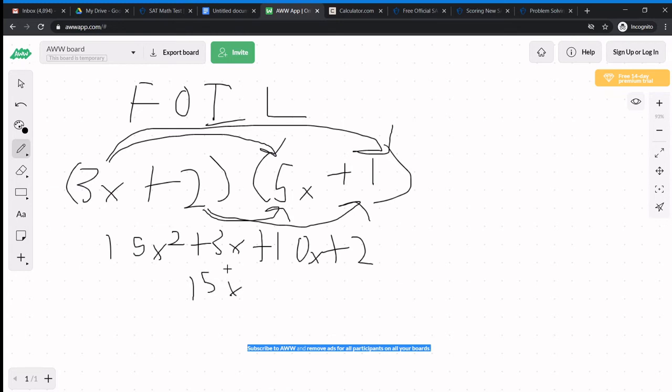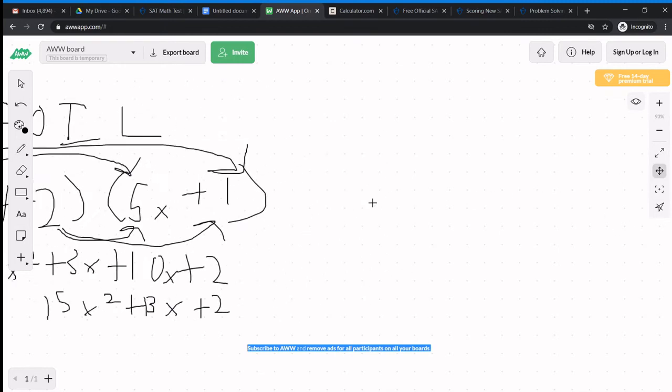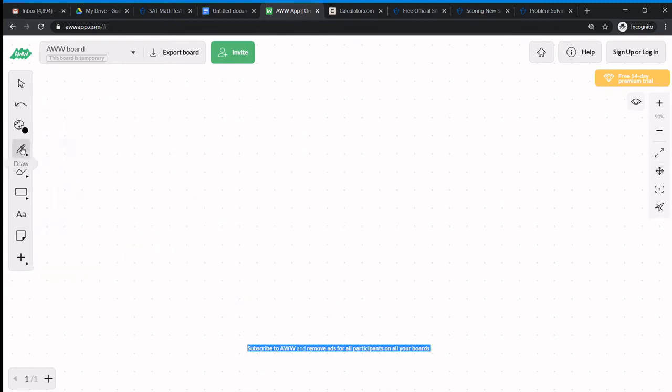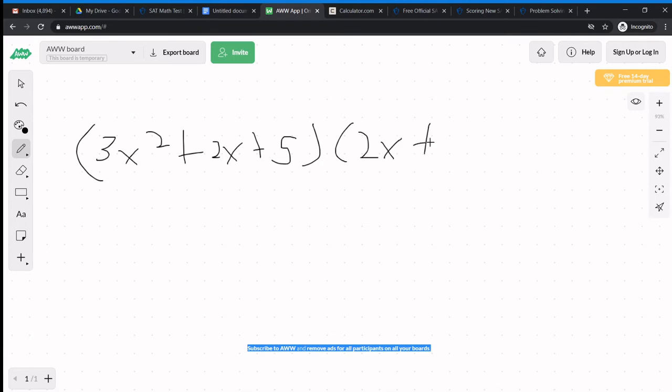It works for when you have equations specifically like this. But when you have equations of bigger values, some people often get stuck when you have something like 3x squared plus 2x plus 5 times 2x plus 1.